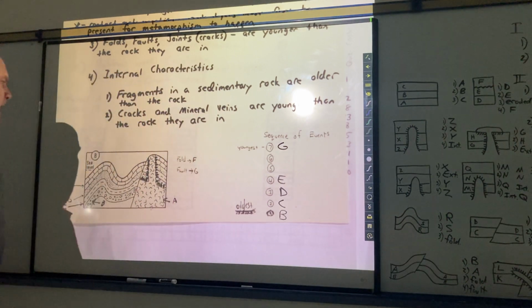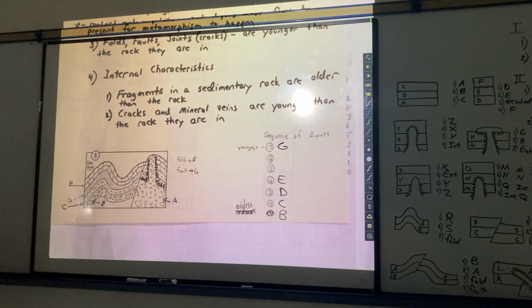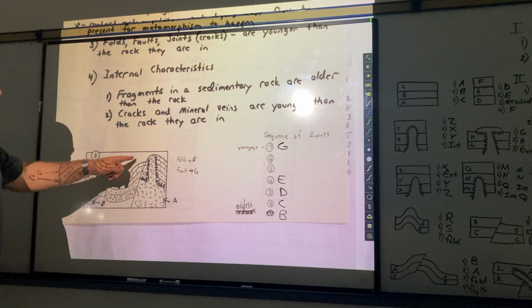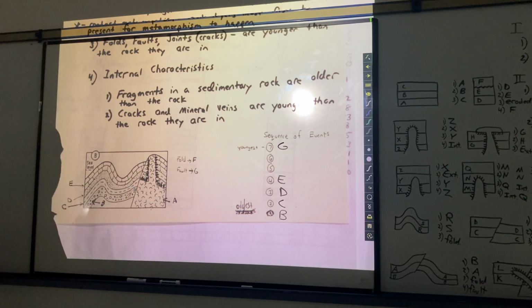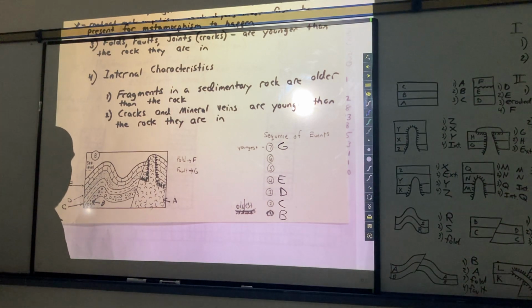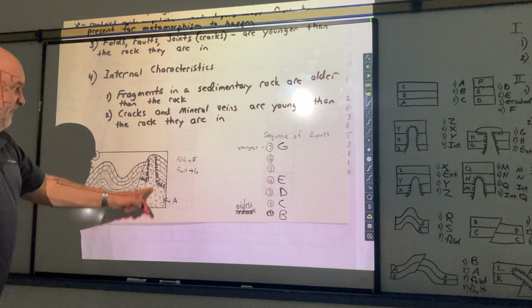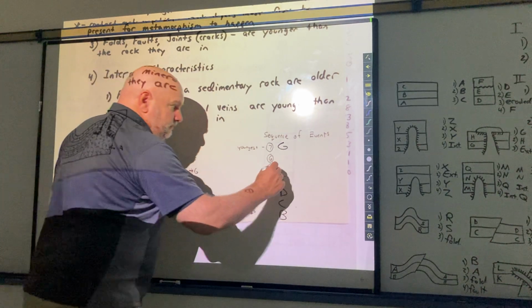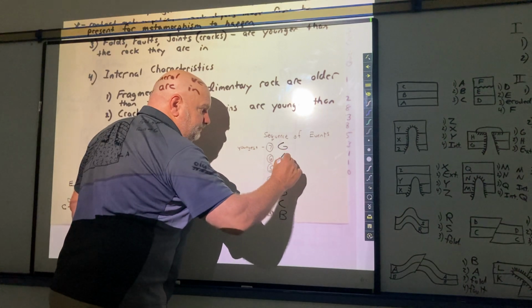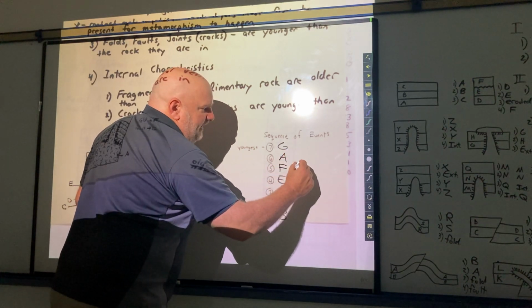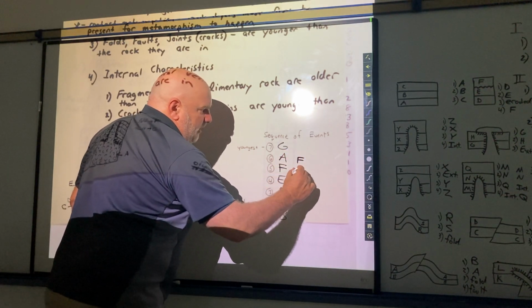So then that leaves me with the fold and this intrusion, and sometimes it's hard to tell. In this case, I would probably say the fold happened first and then the intrusion. But you could probably make an argument to have these two flipped around.